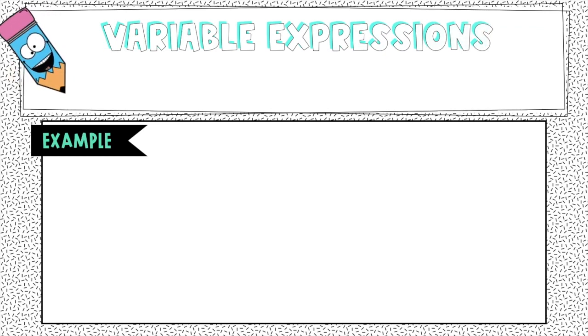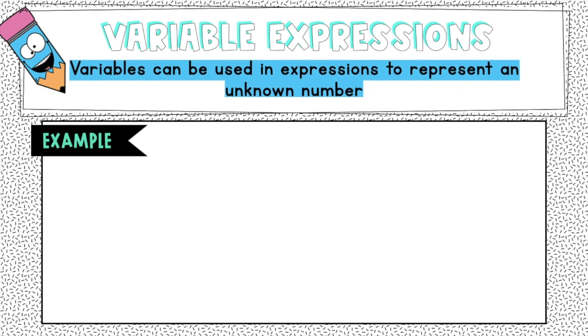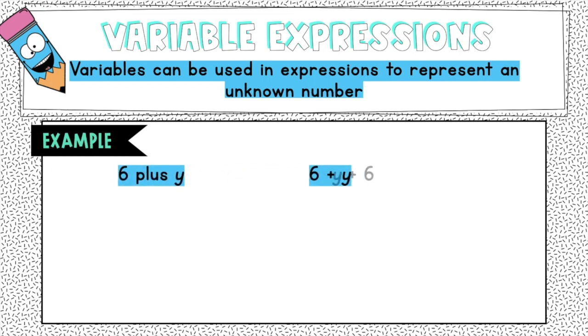Make sure you copy this down in your notes. Variables can be used in expressions to represent an unknown amount. So here are some examples. I have 6 plus y. I can write the expression 6 with the operator sign for addition, and then the letter y, and this translates to 6 plus y.